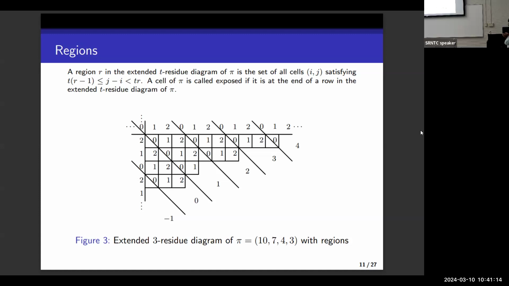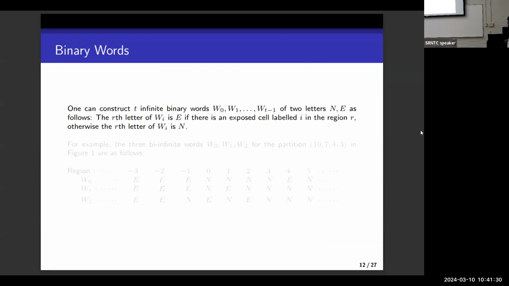And then as we move to the right, at the top, all the numberings will increase, so the regions increase by 1, 1, 2, 3, and so on. And if we go below, they decrease by 1, so it's -1, -2, and so on. So this is the diagram of the extended T-residue diagram with regions.